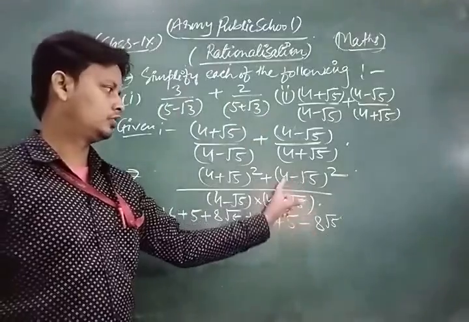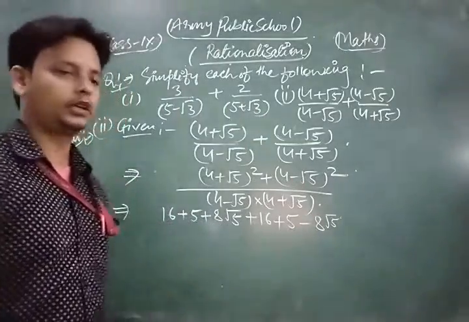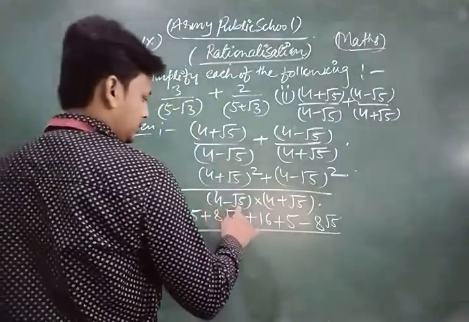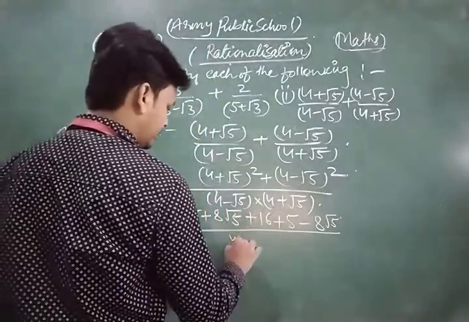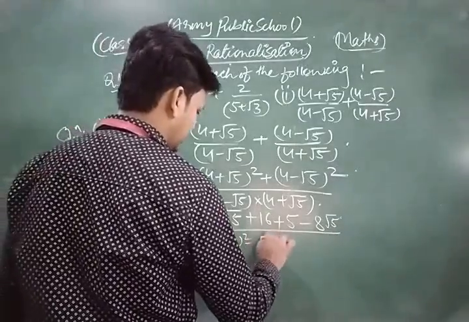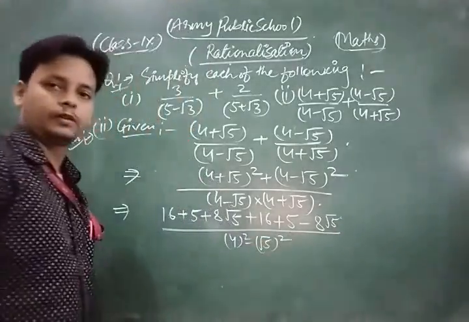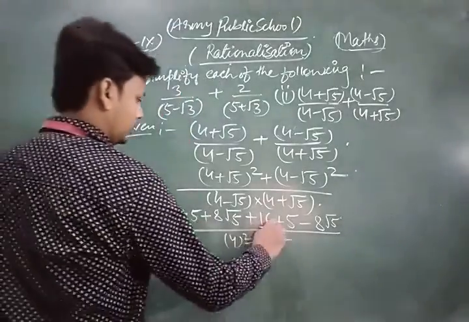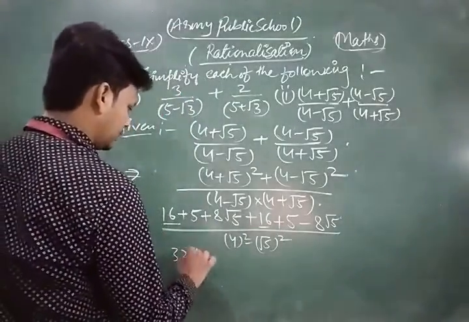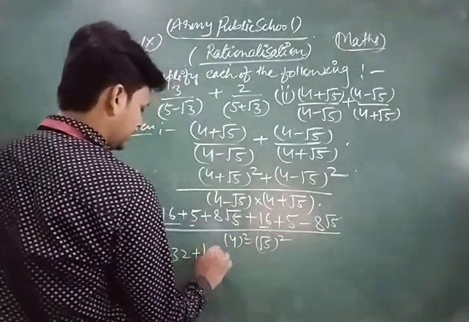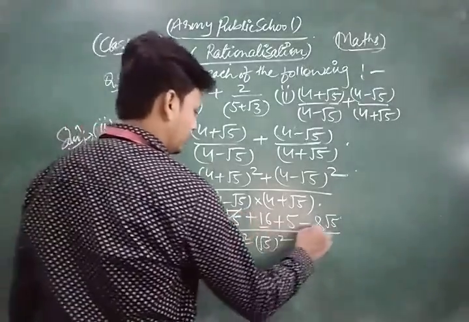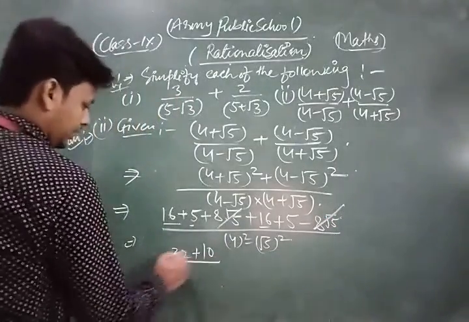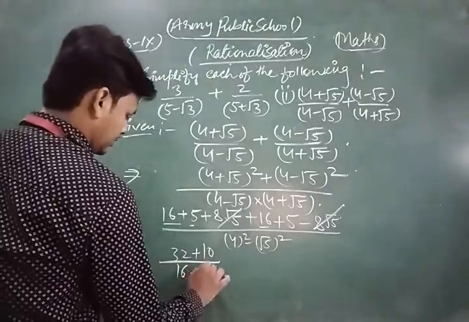And in the denominator, that is (a minus b) in one bracket and (a plus b) in another, so we can write a square minus b square. Look, this is 32 plus this is 10, 8 root 5 cancels each other, upon a square, this is 16, this is 5.